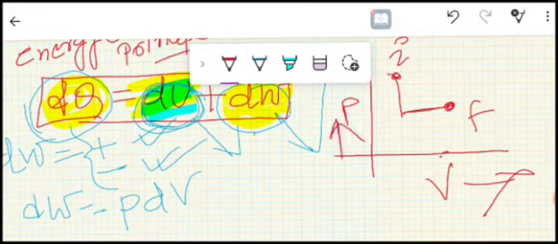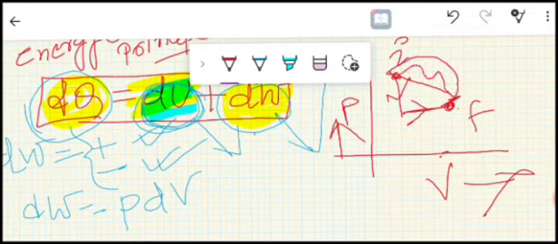What is indicator diagram? The diagram representing any two thermodynamic variables along two different axes. So we can join the initial and final state by different paths, either this one or this one straight line, or this line or this line.